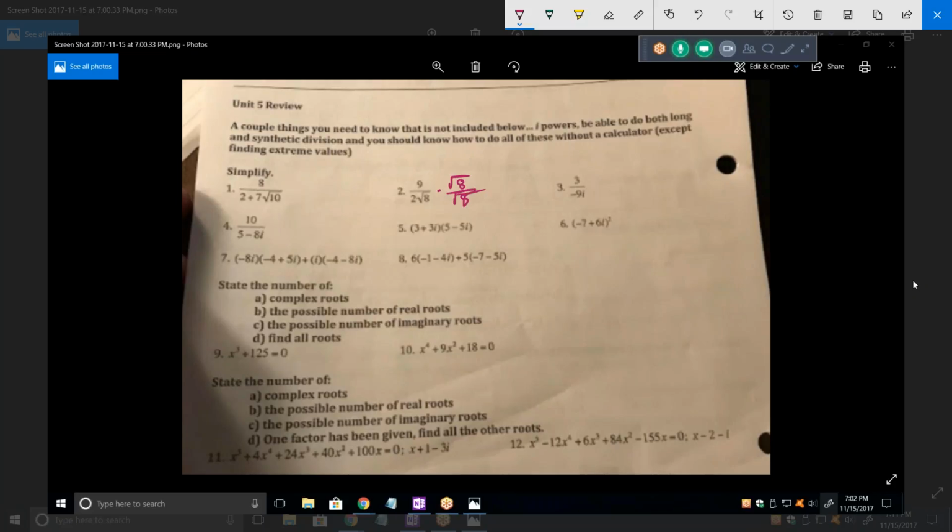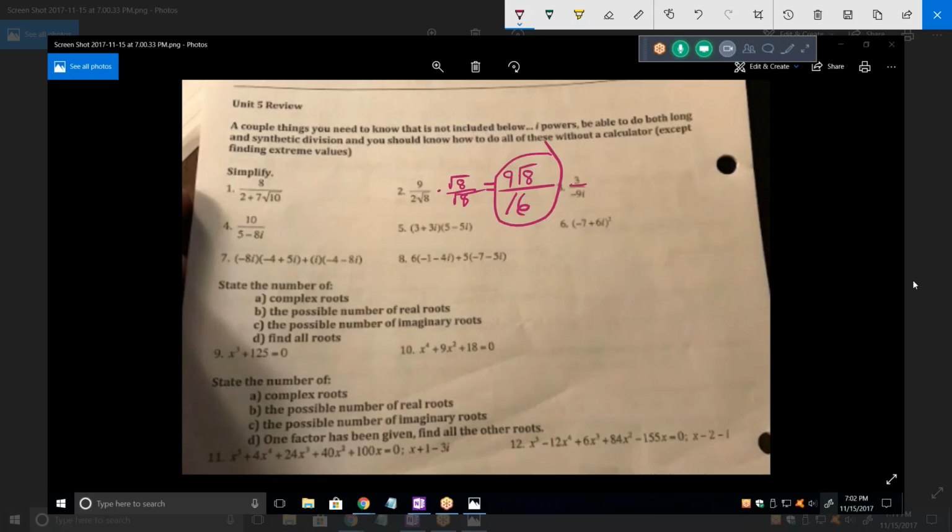Notice my only goal is to turn the denominator into a rational number, not an irrational number. And this will help me in the long run in simplifying it, because the numerator becomes that, the denominator becomes that. So I have smaller numbers, and that is not a final answer.